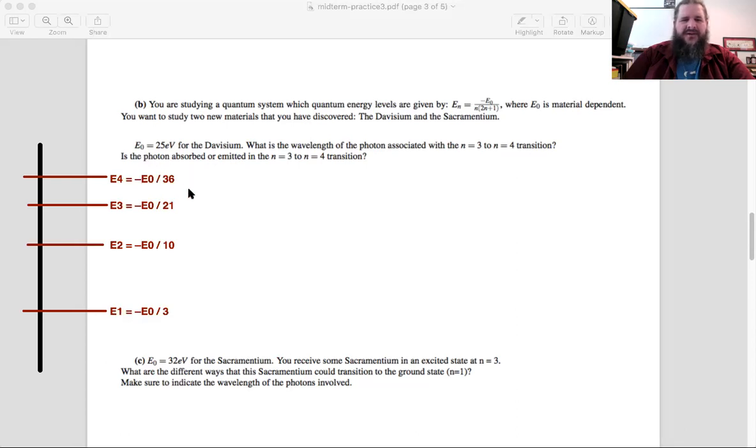Is energy increasing or decreasing there? And how can we tell?